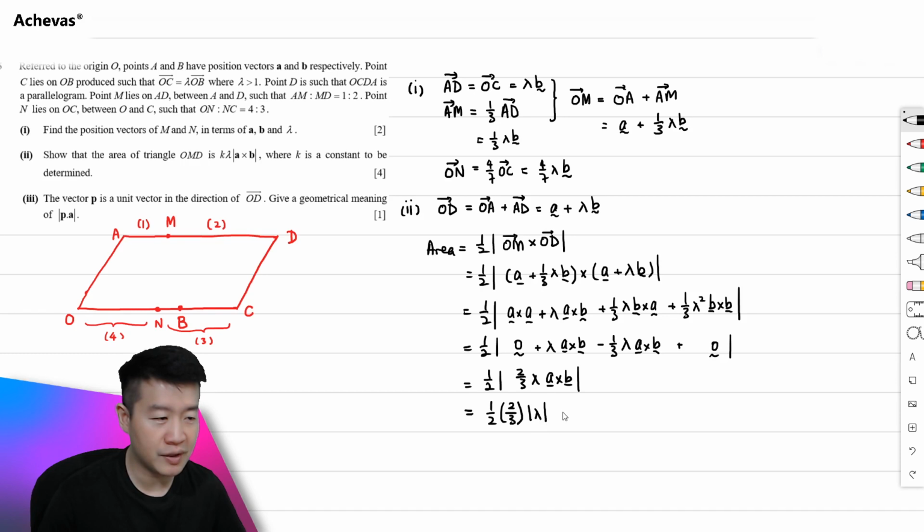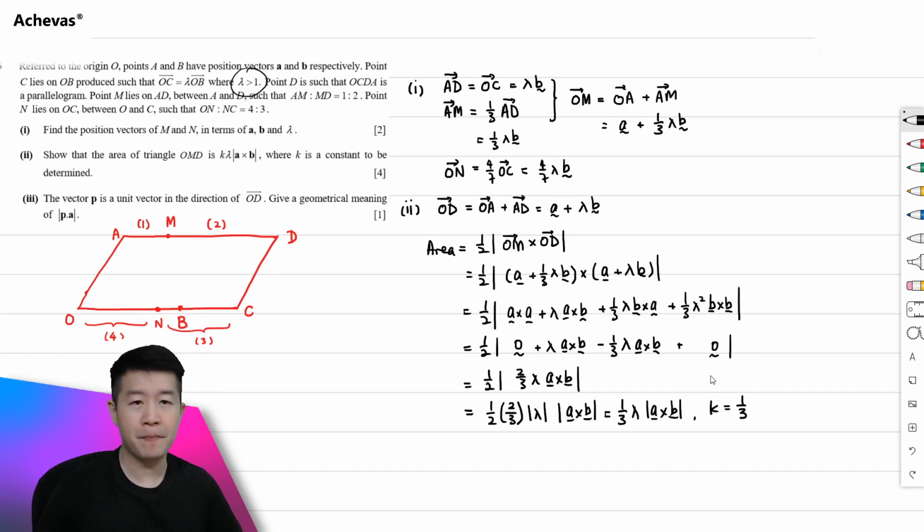Then we have modulus of lambda, modulus of A cross B. Because the question tells me that lambda is also a positive number, we can simply write this as 1 half times 2 over 3, which is 1 over 3, of lambda, modulus of A cross B. And we are supposed to determine K. So from here, K is equal to 1 over 3.